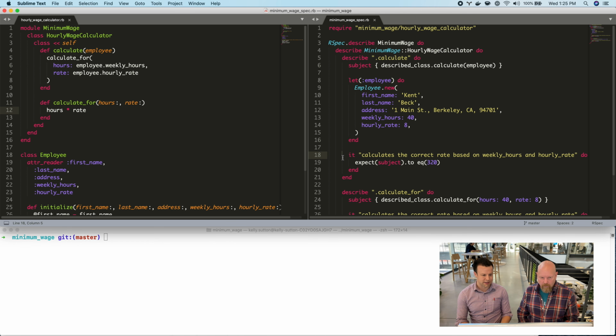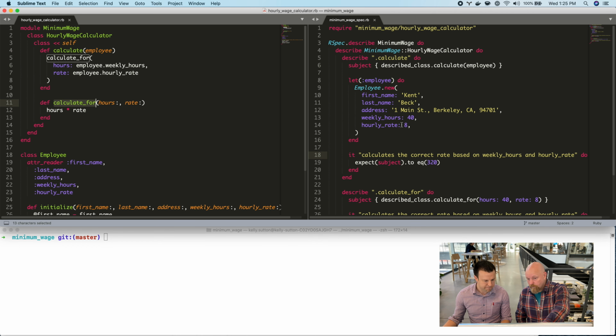So let's take a look here at some specific tests. We've got our minimum wage calculator here. This is calculating minimum wage, hours times rate, and we've refactored this a little bit so that it now has two methods: calculate and calculate for.